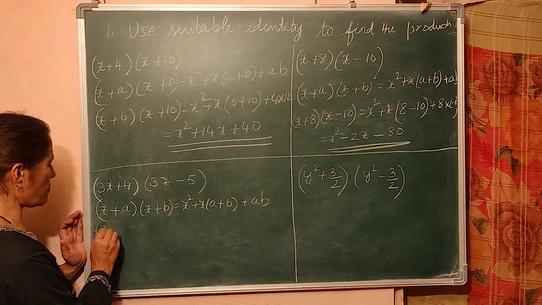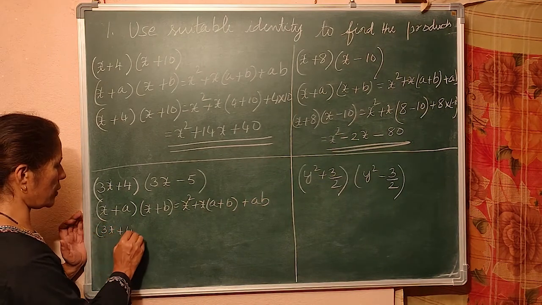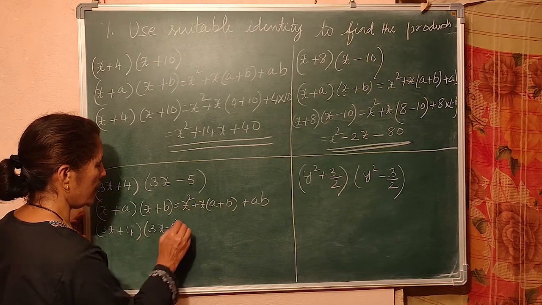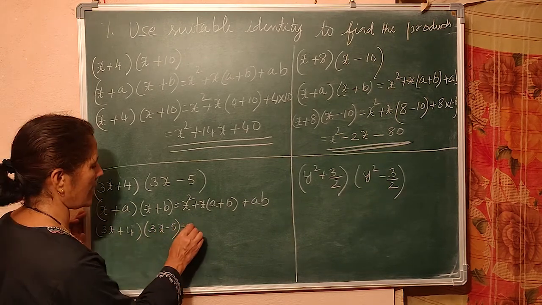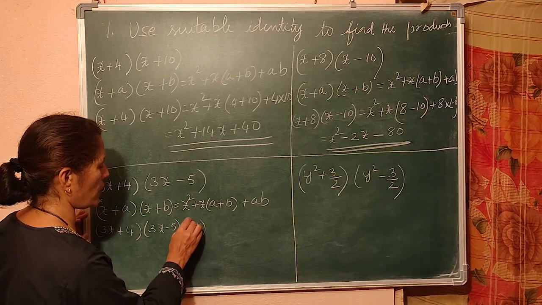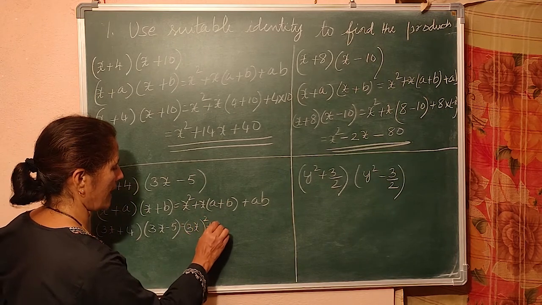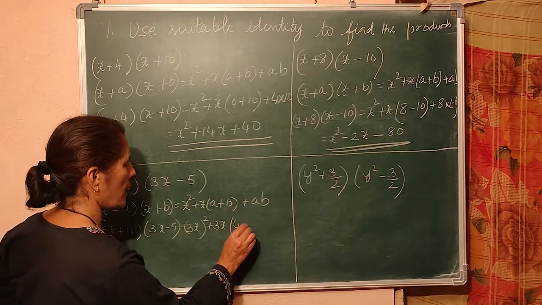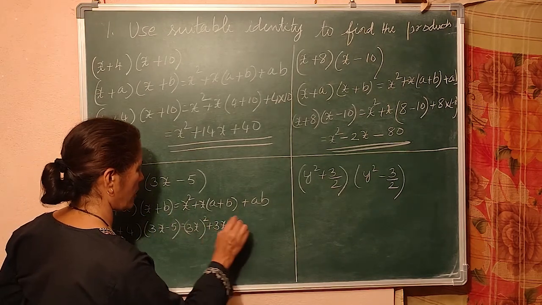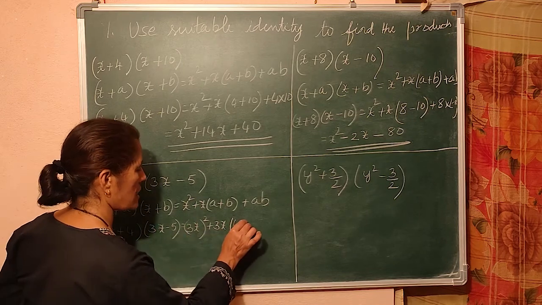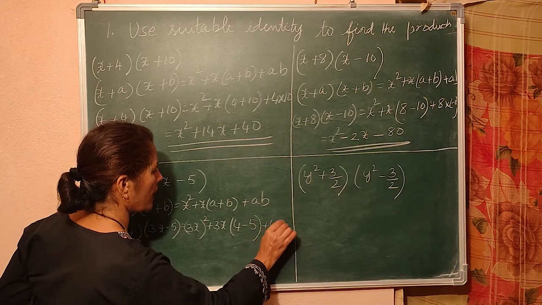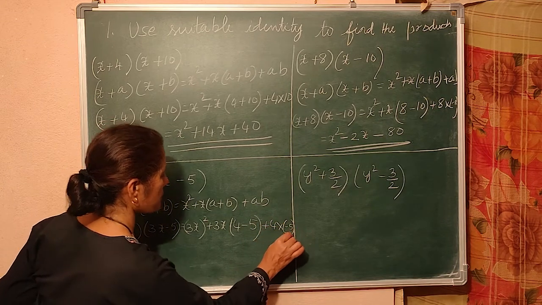So (3x + 4)(3x - 5) is equal to, in the place of x, 3x: (3x) whole square plus 3x into, in the place of a, 4, and in the place of b, minus 5, plus 4 into minus 5.